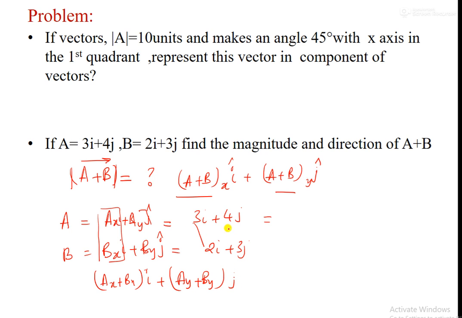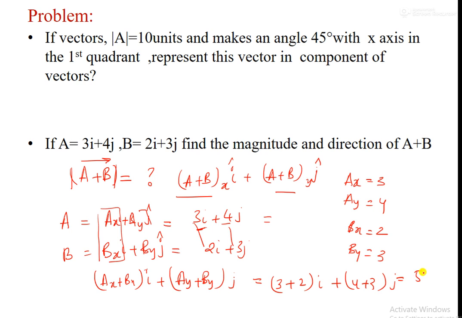So Ax is equal to 3, Ay is equal to 4. Similarly, Bx is equal to 2 and By is equal to 3. So we substitute: 3 plus 2 i plus 4 plus 3 j, that is equal to 5i plus 7j, right?